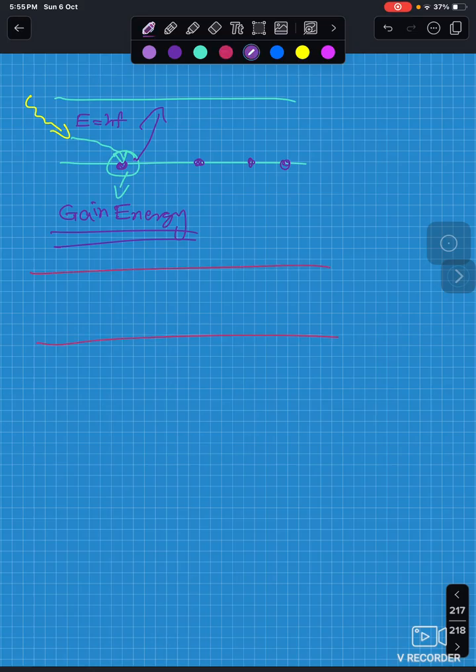It means that even though this electron jumped up in level, it won't stay in the excited level for too long.